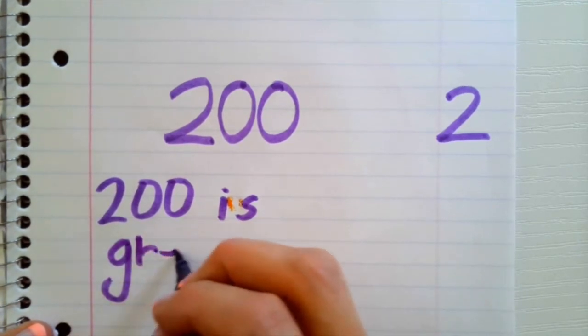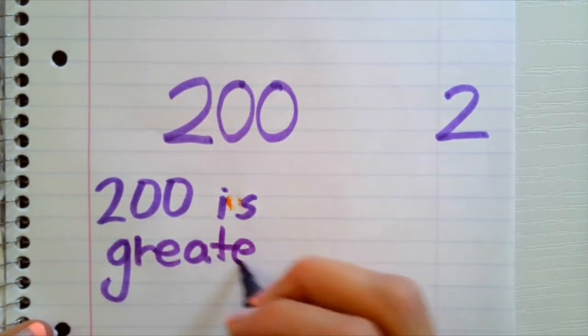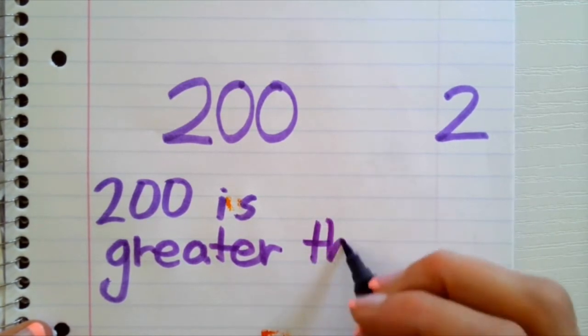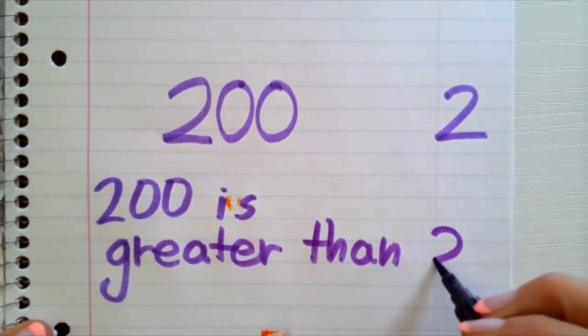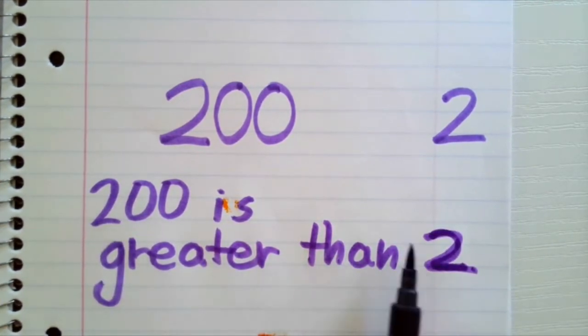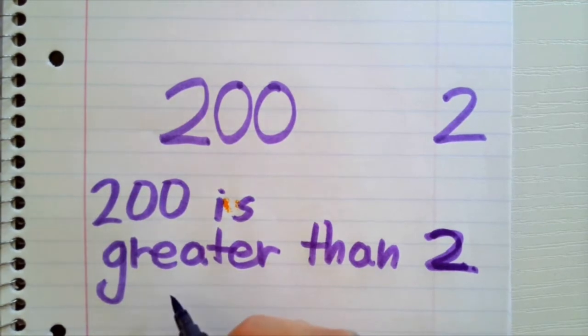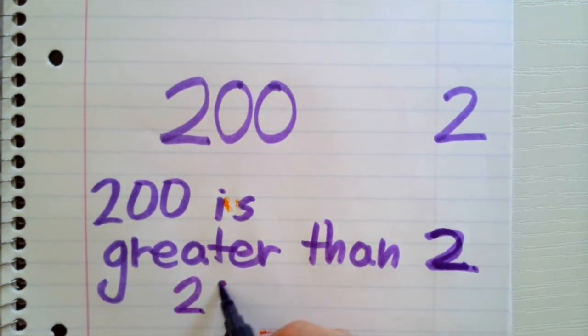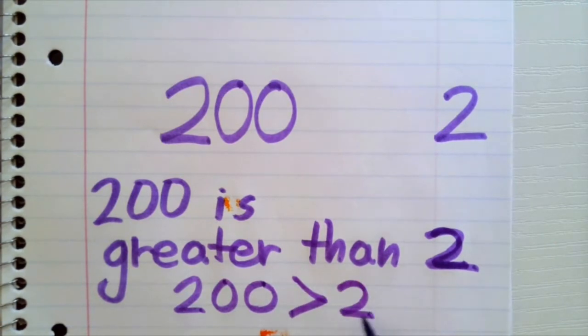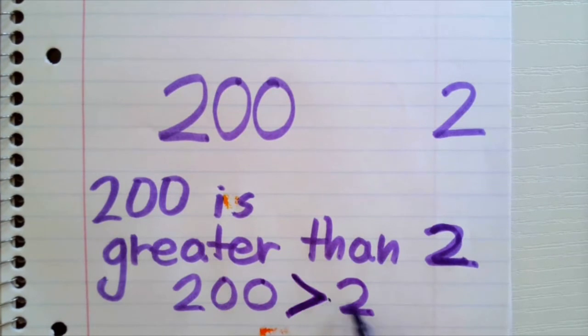Write that down here underneath. I wrote it this way, 200 is greater than 2. And if I write that as an inequality, like we did before, there's my alligator mouth with a big part on the big number and a little part on the little number.